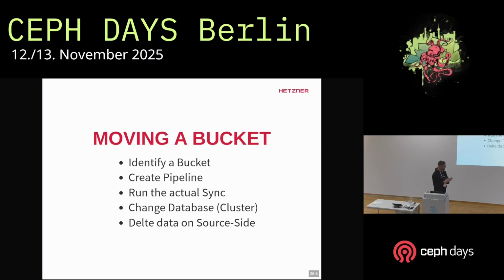And last but not least, we have to delete the data on the source side, which is also a challenge. Simply, if we would just copy the data, we would not make space on the source cluster, which is the overall goal of the entire task here.